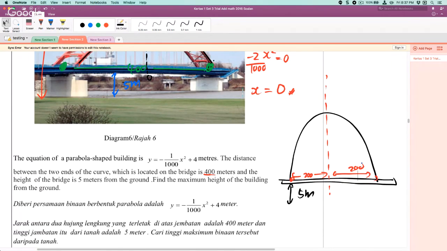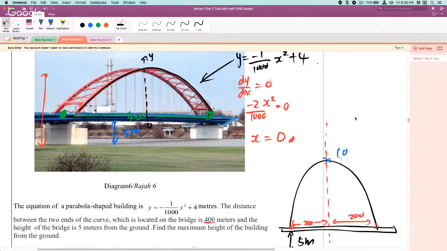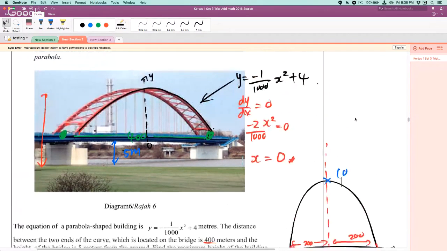Since my maximum point over here is at x equals 0, I will need to find the value of y. To find y, I substitute 0 into the y equation, and the whole thing becomes 0, so y equals 4.